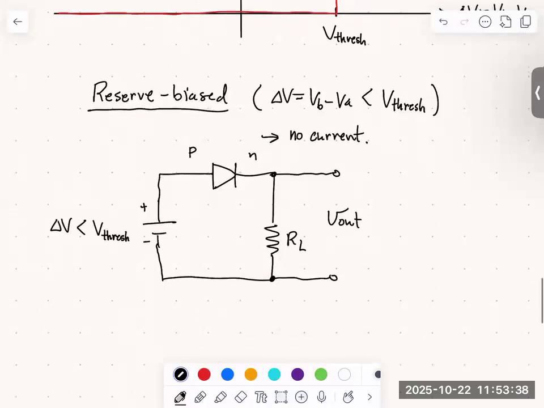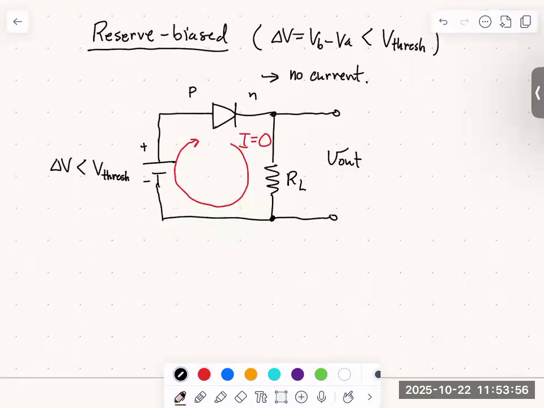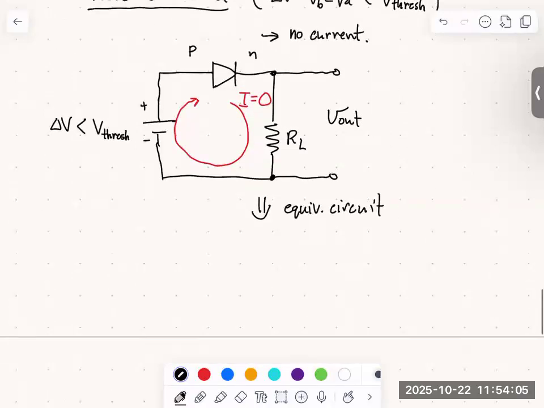Okay, so in principle, we would have a current flowing clockwise around our circuit, but we've already said, because we haven't exceeded the threshold voltage to turn on the diode, we're going to get 0 current. And so in this case, we could replace this with an equivalent circuit in which the diode presents essentially an open circuit. It's like it's not even there.